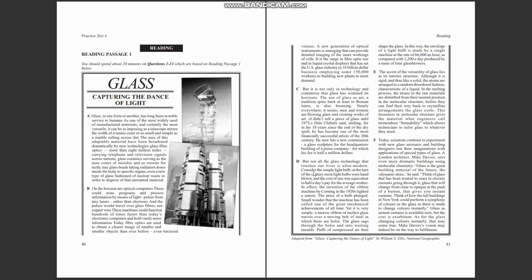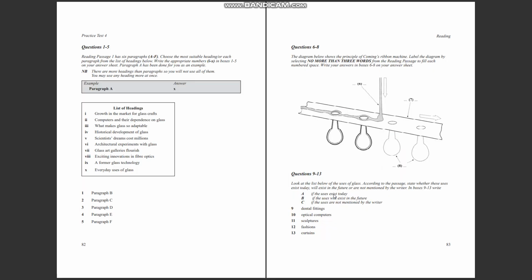But what about the headings now? Here he is talking about the invention of the ribbon machine by Corning. So now let's see anything related to any invention.